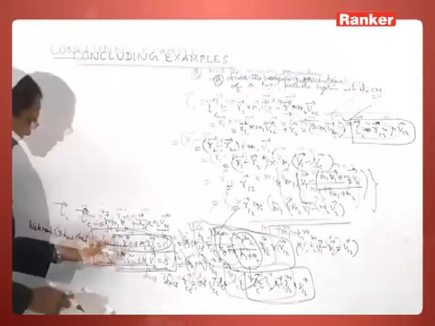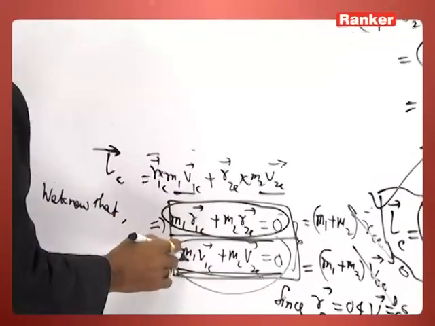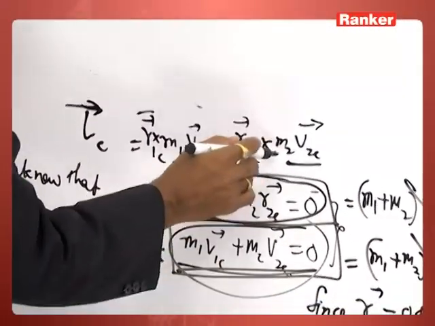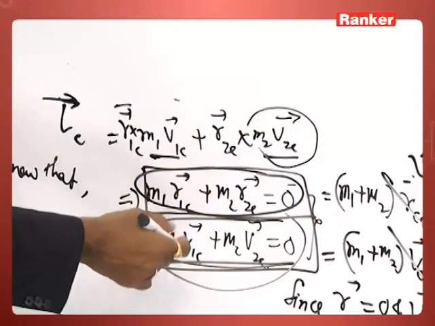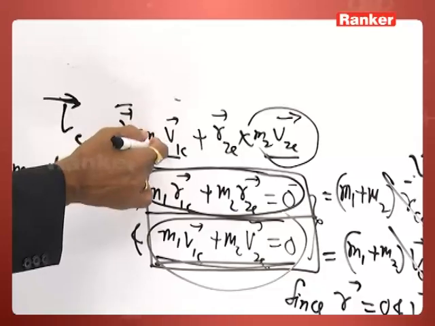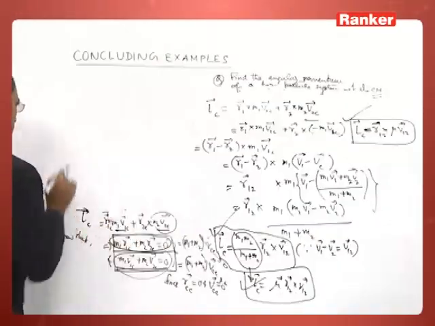Well, let us use this second expression. By using the second expression, we can write m2 v2c is equal to minus m1 v1c, or you can write m1 v1c is equal to minus m2 v2c and substitute in this equation.